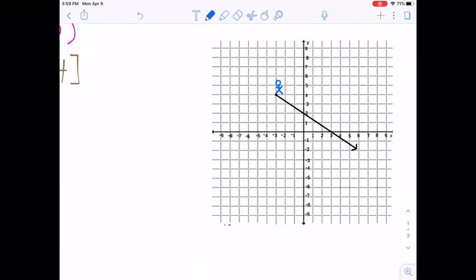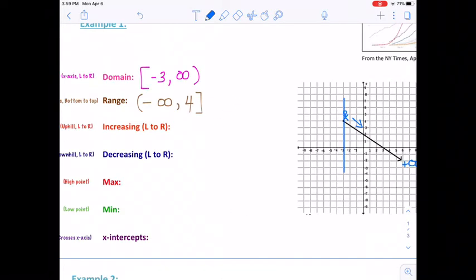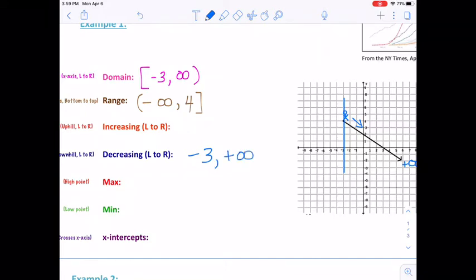You're clearly going downhill. So this graph is decreasing, and it begins decreasing here. And again, because of the arrow, it keeps on going all the way to positive infinity. So the decreasing begins at -3 and ends at positive infinity.